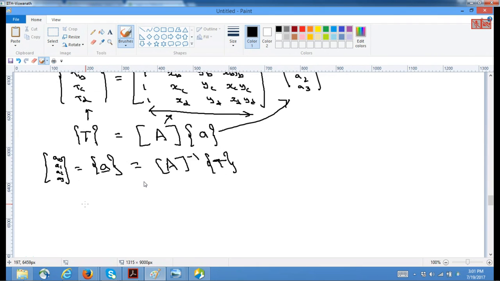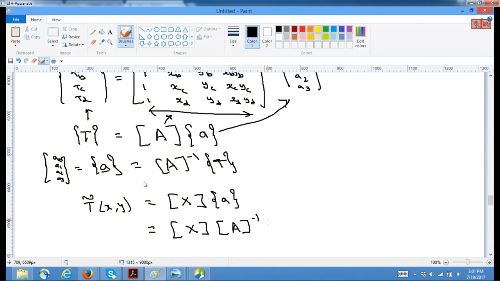But I know that my temperature field is given by X times a. But what is a? a is A inverse of T. So this is nothing but capital X times A inverse of T, I'm replacing this by this statement.